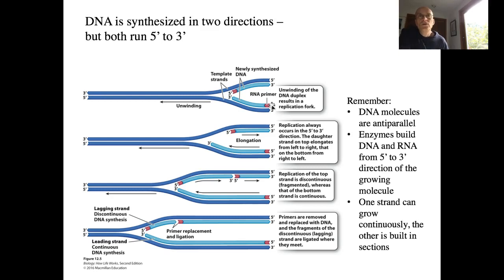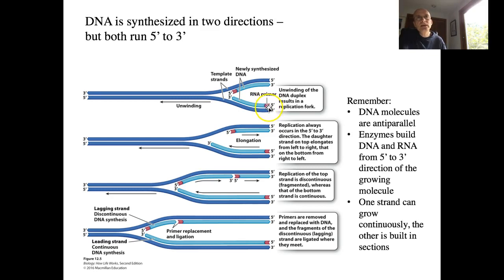So in order to make it happen anyway, during DNA synthesis this strand starts at the point where the DNA is being unzipped. But the other strand is synthesized in the other direction, starting a little bit further away.